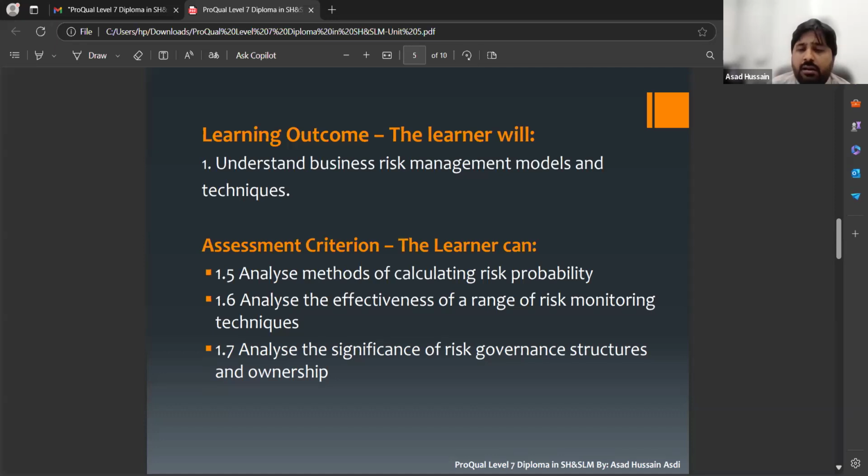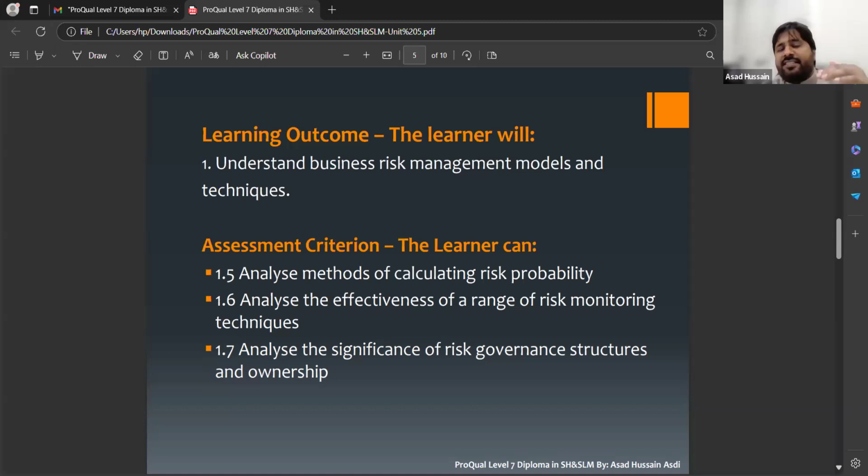A detailed plan also confirms that there is a proper risk governance structure in the organization and that people are accountable and responsible for it. That confirms the ownership of that risk governance structure. So you have to provide that.